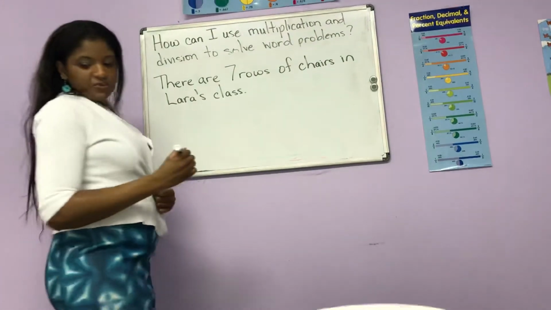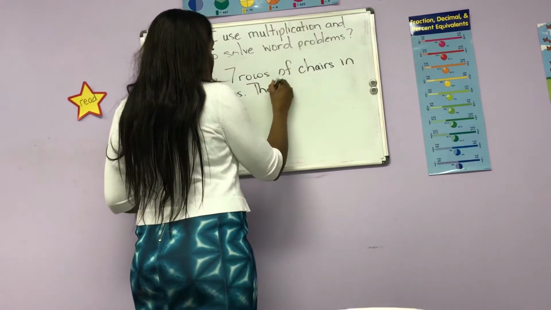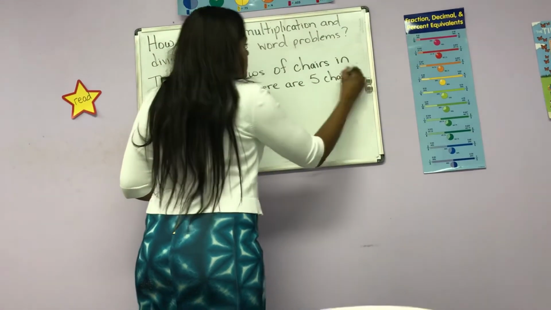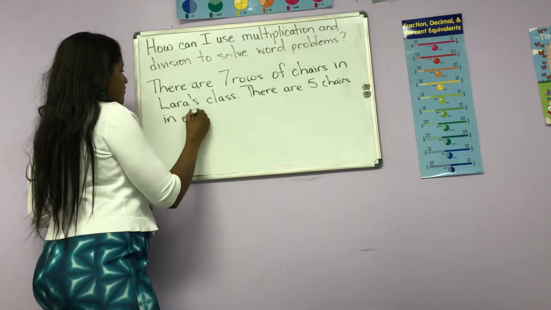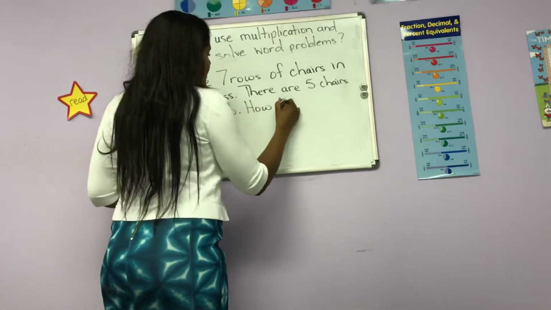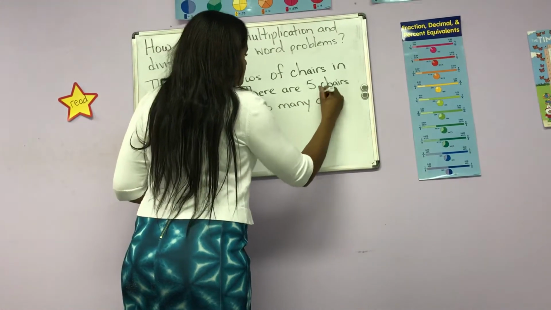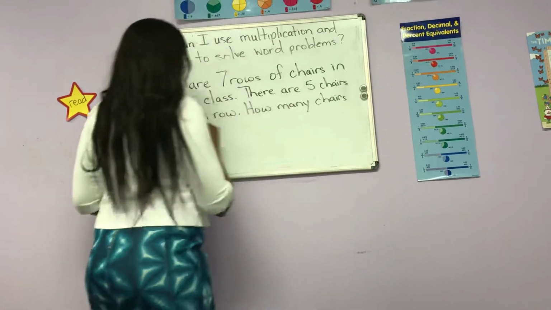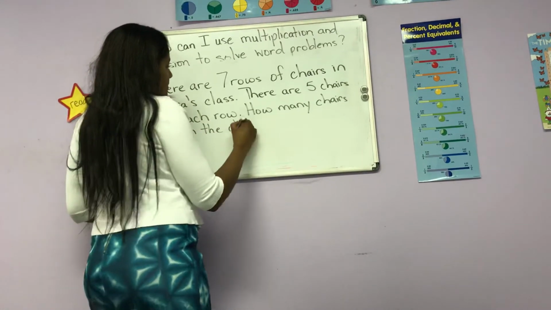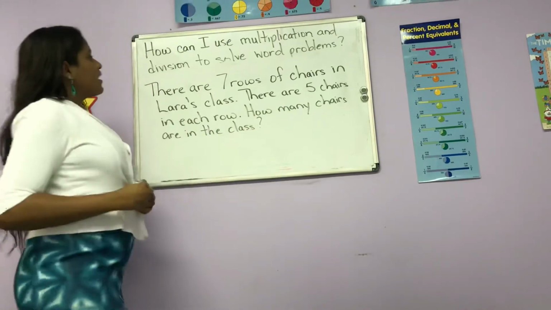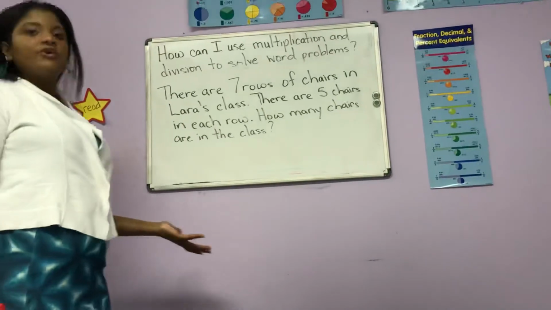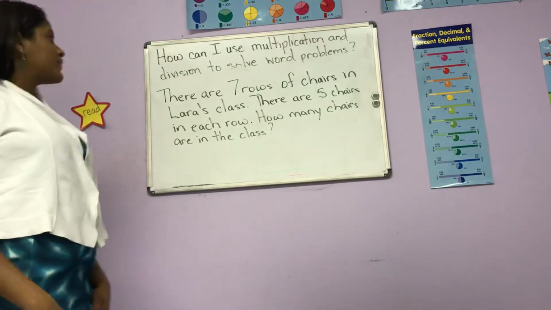There are 5 chairs in each row. How many chairs are in the class? All right, so again, you can pause the video and try it on your own, and you can come back and see if you have the right answer.